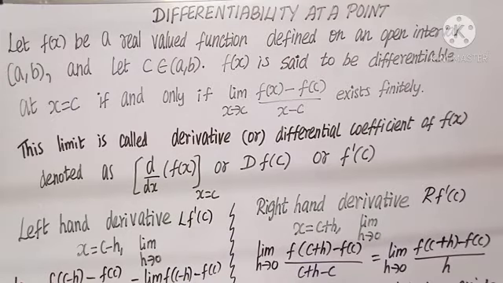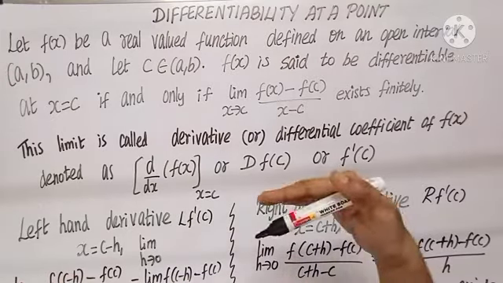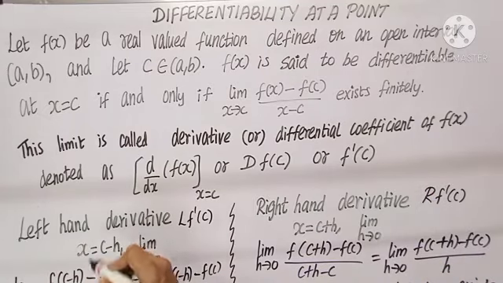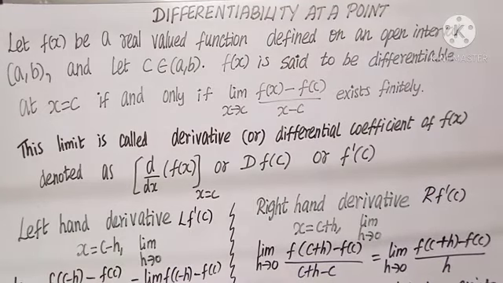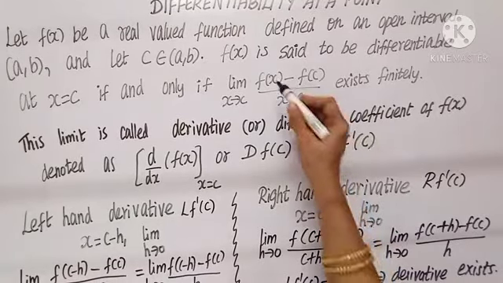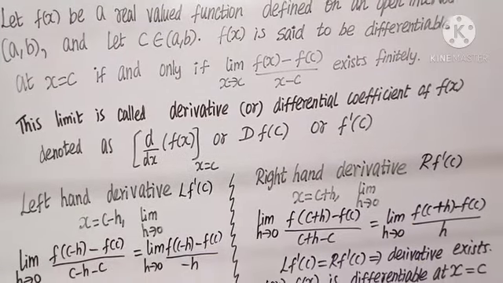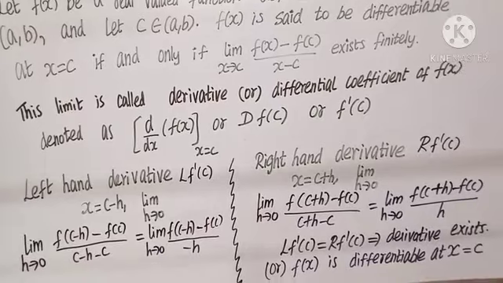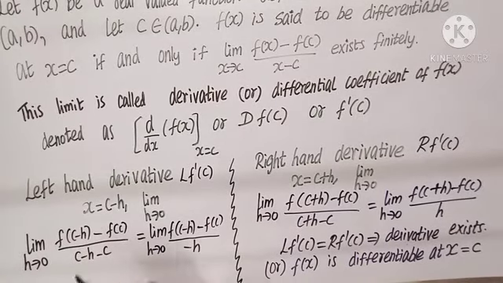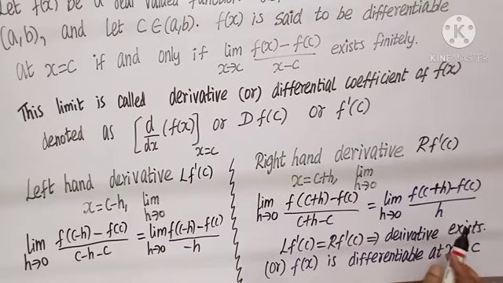Derivative we also have from left or from right. So left hand derivative and right hand derivative. In this formula, wherever x is coming, if I put c minus h, it is the left derivative, and if I put c plus h, it is the right derivative.